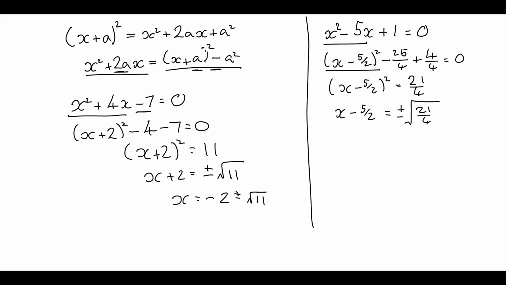Take the 5 over 2 to the other side, so that x equals 5 over 2 plus or minus, to write this slightly differently, the square root of 21 over 2, because the square root of 4 is 2. So I could leave it as it is, or I could put it as 5 plus or minus the square root of 21, all over 2. I could have left it like this. Okay, I hope that was helpful.